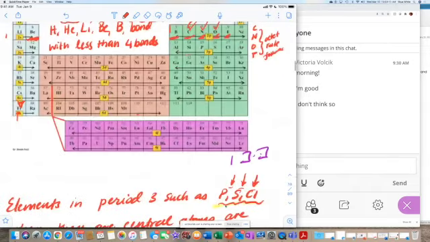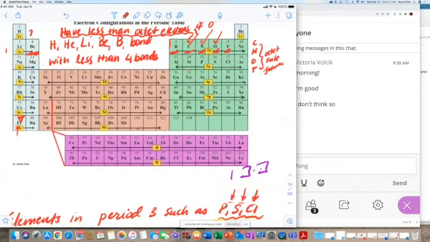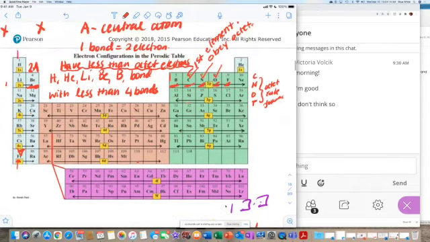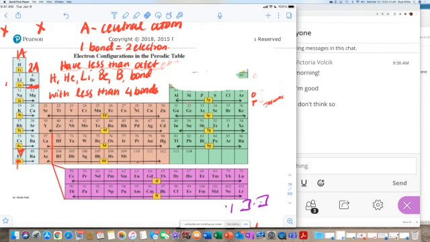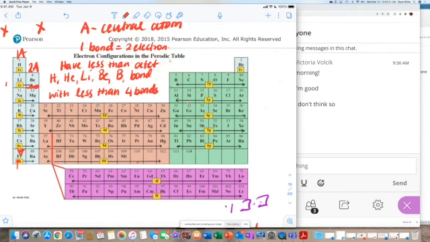Calcium is right here, right? This is group 2A. This is 1A, 2A. Let me erase all this because by now we've moved beyond here. 3A, 4A, 5A, 6A, 7A, 8A. And then chlorine is in group 7A, right?